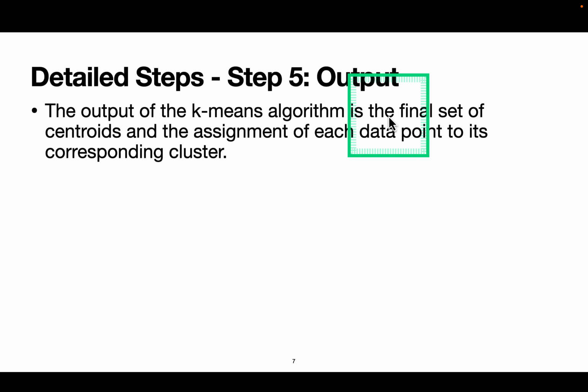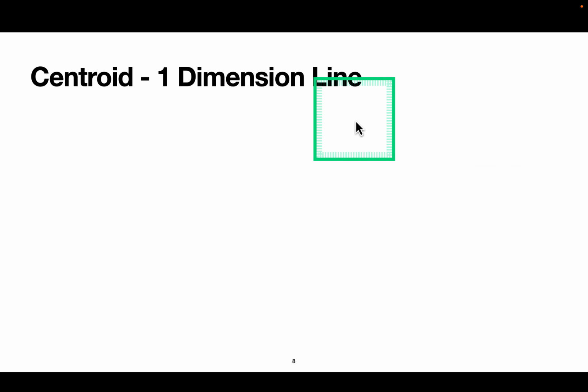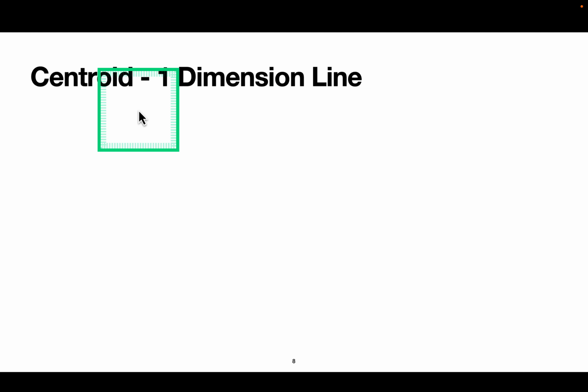And final is step 5, which is the output, the last step. So the output of the k-means algorithm is the final set of centroids and the assignment of each data point to its corresponding cluster.